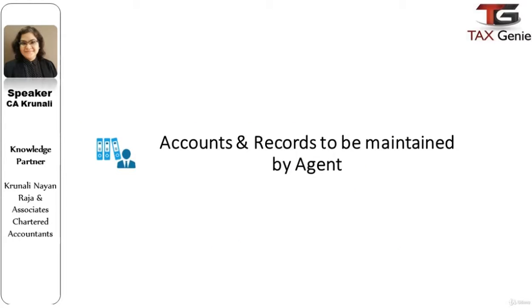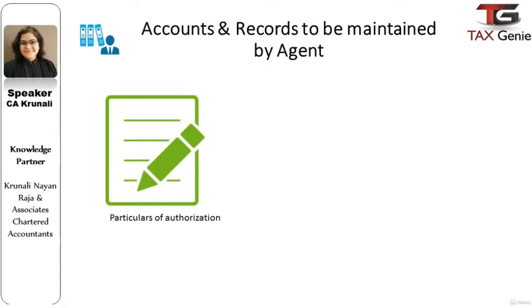Now, let us look at the list of accounts or records or information that needs to be maintained by special categories of people like the agents. Agents will have to maintain details like particulars of authorization received from each principal for supply of goods or services.